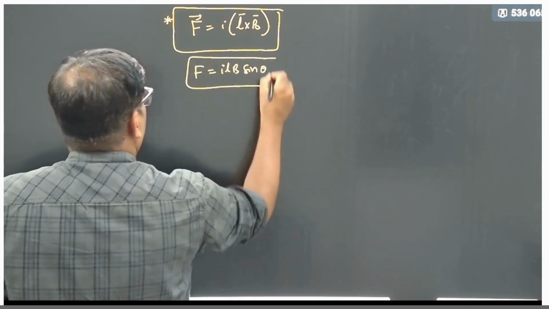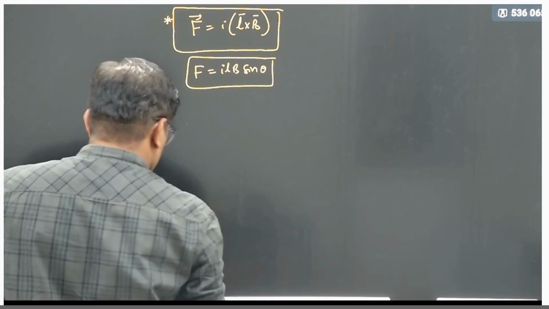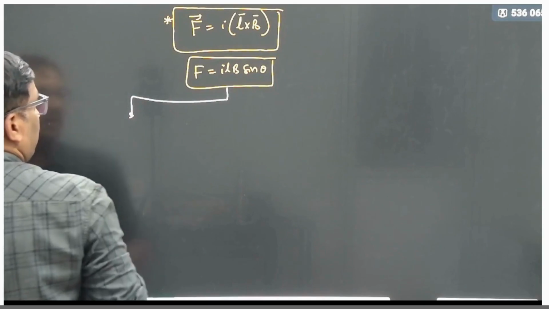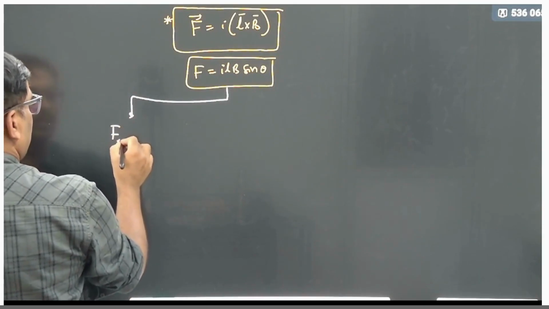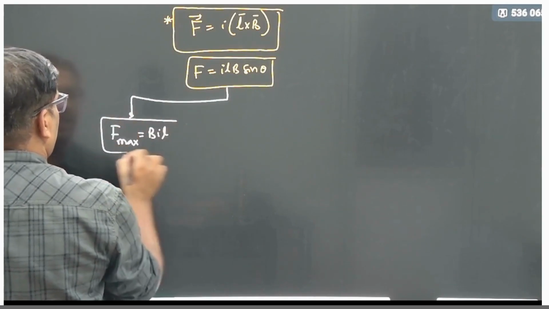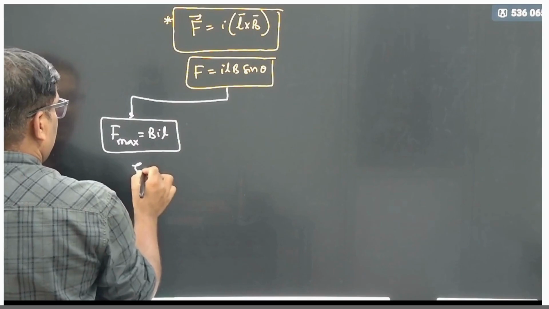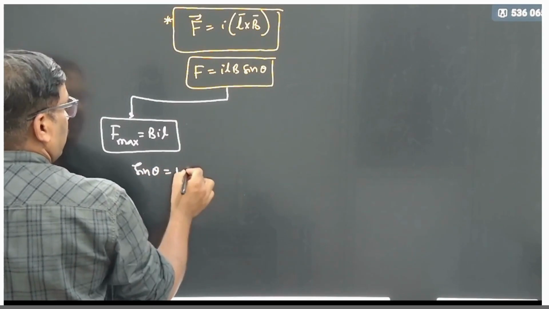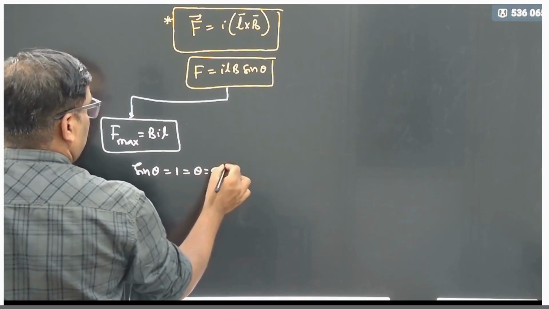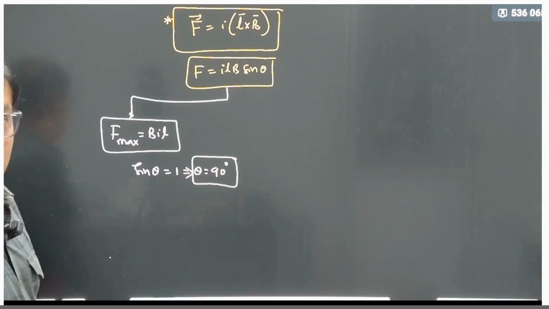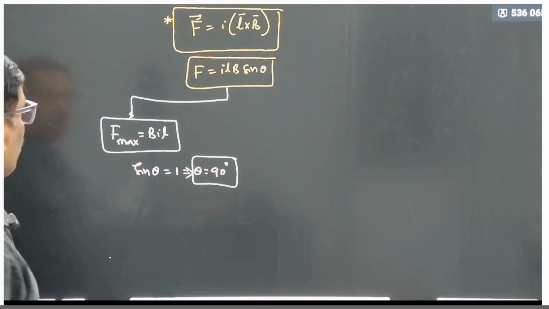Here the force will be maximum, B I L, when sin theta equals 1, that is when theta equals 90 degrees. Clear? Theta equals 90 degrees, sin 90 is 1.